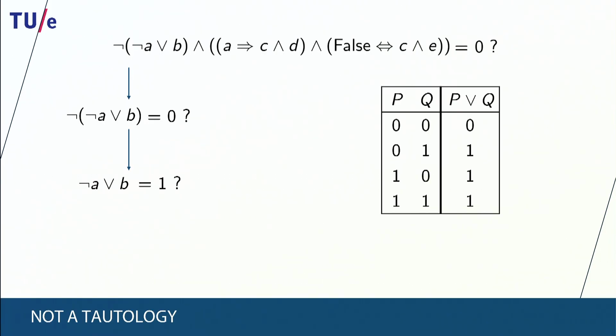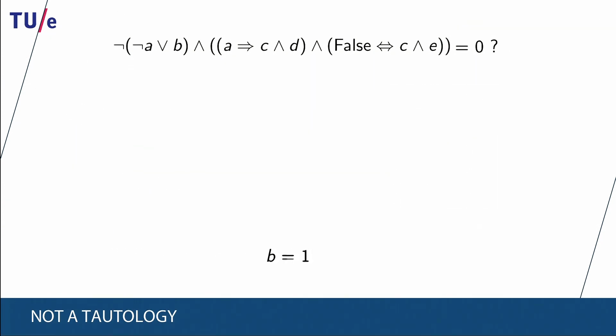Since a disjunction evaluates to true if at least one of the disjuncts evaluates to true, we conclude that under every assignment that assigns the truth value true to B, the negation evaluates to false. Let's confirm that indeed an assignment that assigns true to B makes the original abstract proposition evaluate to false. If B is true, then the disjunction not A or B is true.